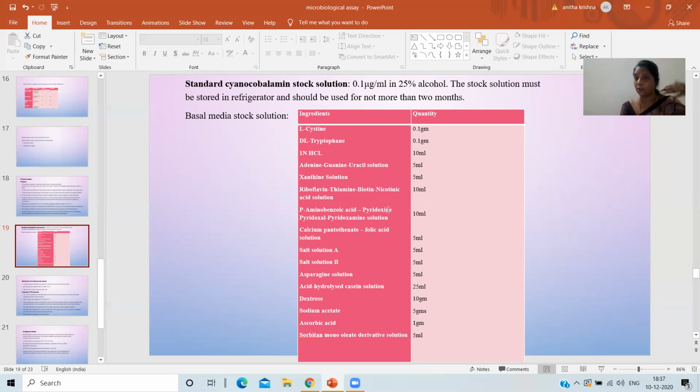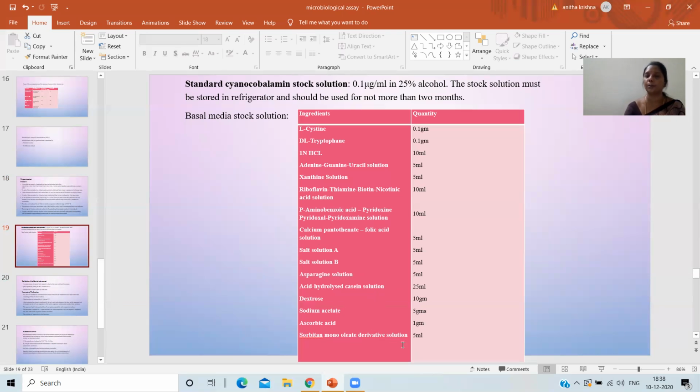Then talking about the basal stock solution, which you added, 5 ml in each test tube. This is the composition of your basal stock solution, which contains all these ingredients: L-cysteine, tryptophan, HCl, adenine, guanine, uracil solution, xanthine solution, riboflavin, thiamine, biotin, nicotinic acid solution, p-aminobenzoic acid, pyridoxine, pyridoxal, pyridoxamine solution, calcium pantothenate, folic acid solution, salt A solution, salt B solution, asparagine solution, acid hydrolyzed casein solution, dextrose, sodium acetate, ascorbic acid, and sorbitan monooleate derivatives.